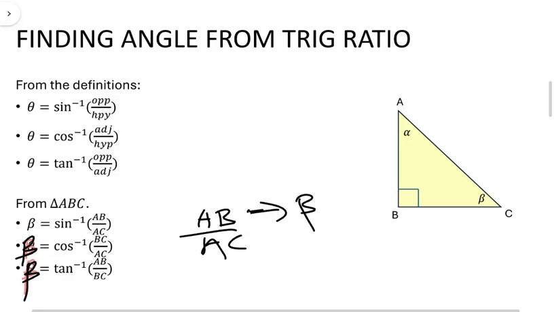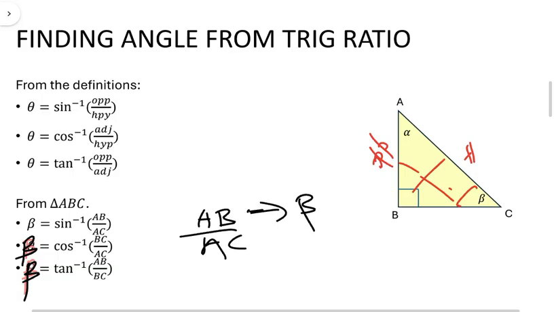I would say, from this angle, because we need to work from the angle, AB is the opposite and AC is obviously the hypotenuse. So here I have sine.